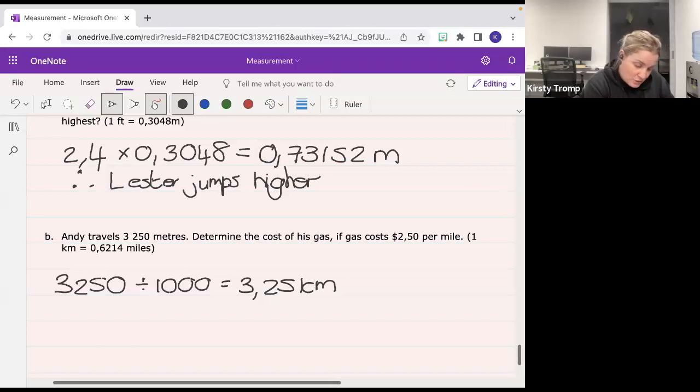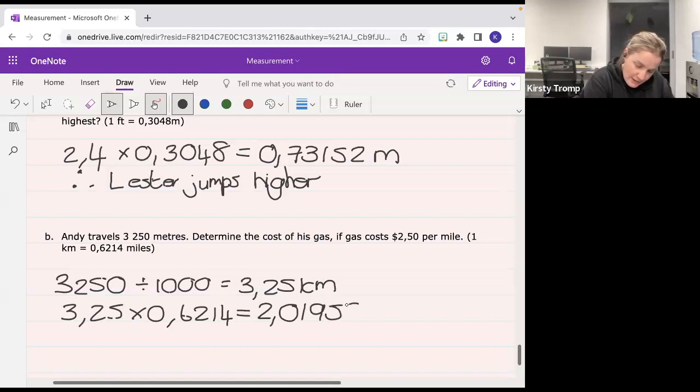Now I've got it into kilometers. Now what do I need to do? I need to put it into miles. So 3.25 times 0.6214 is going to give me 2.01955 miles.